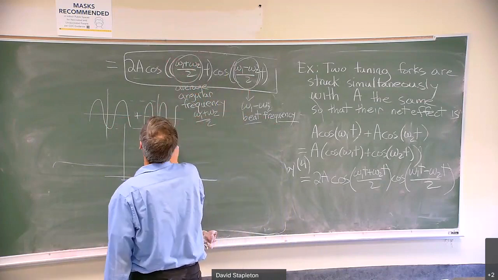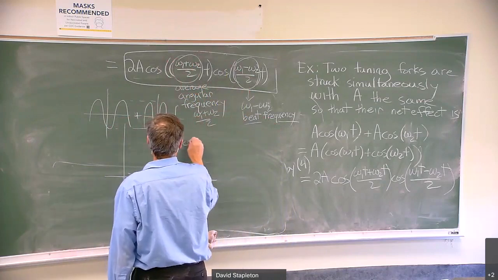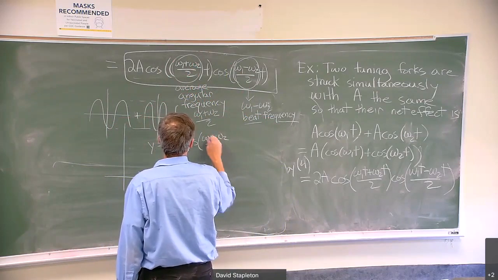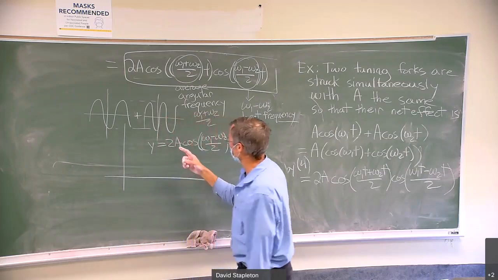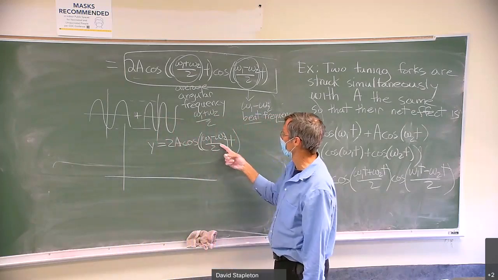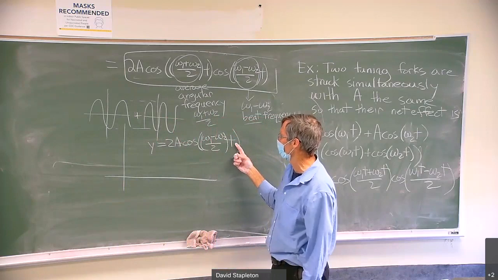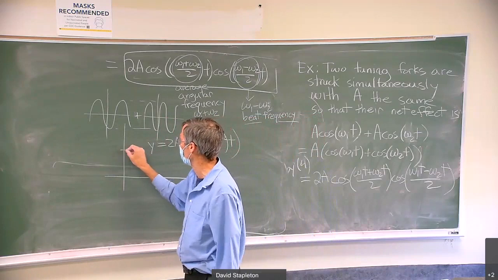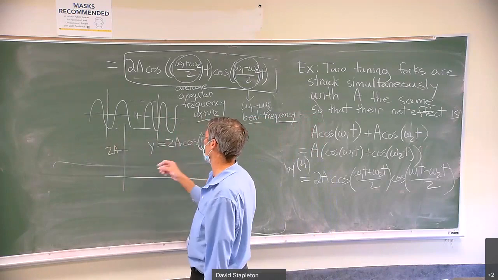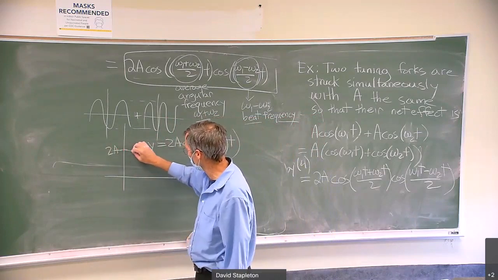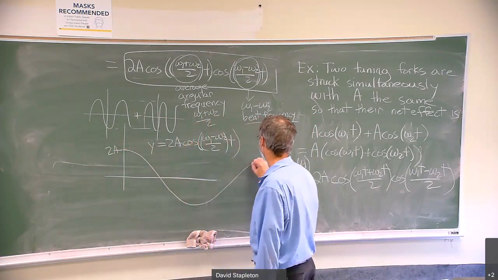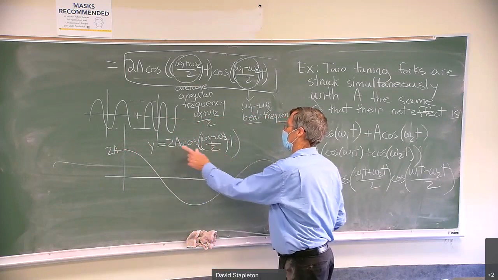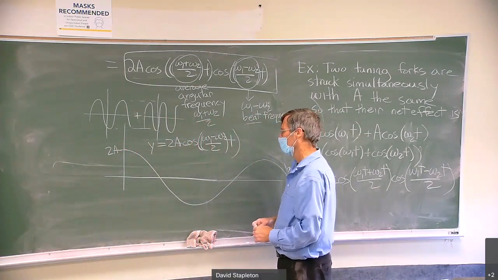If I plot y equals 2a cosine of (omega 1 minus omega 2) over 2 t, look, it's a number times cosine of a number times t. It's a single cosine function, right? That when t equals 0 starts up here at 2a, since 2a cosine 0 is 2a. And then it goes like this. It's just a pure cosine, and so it looks like that.